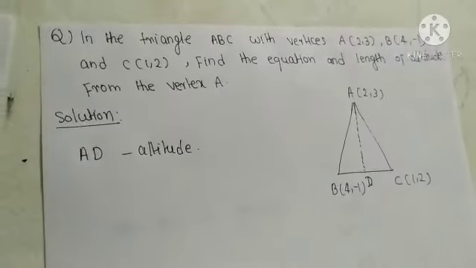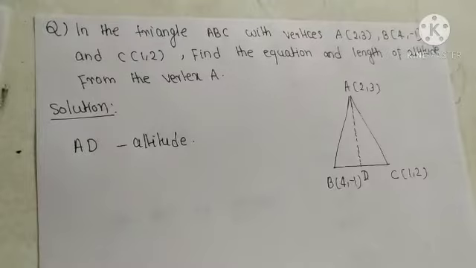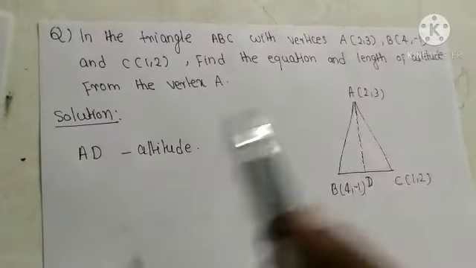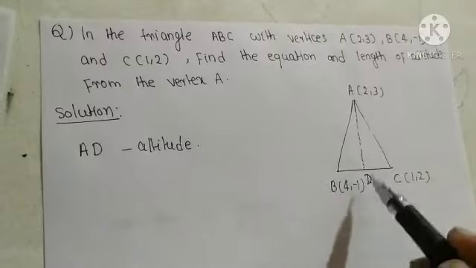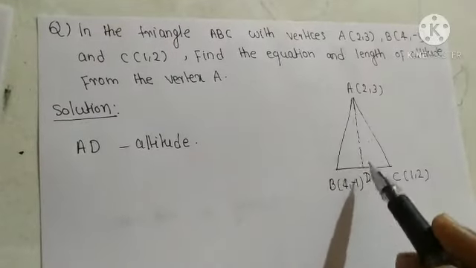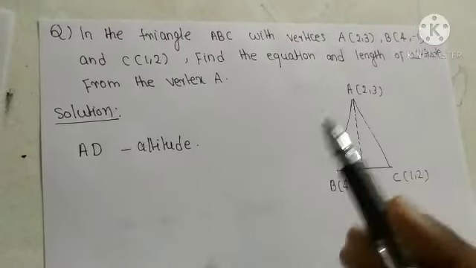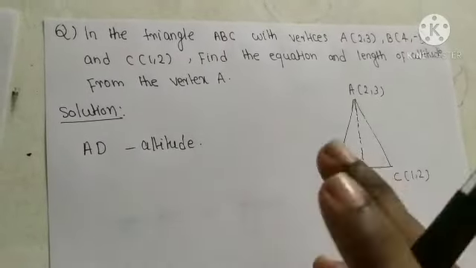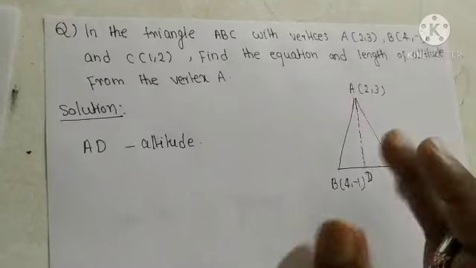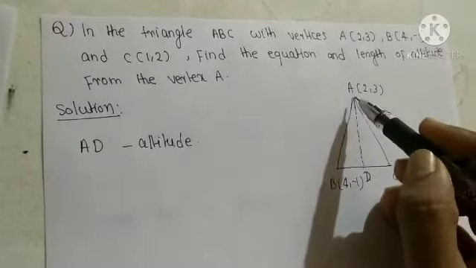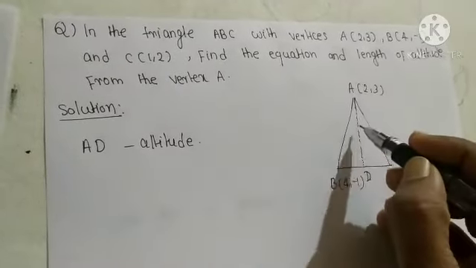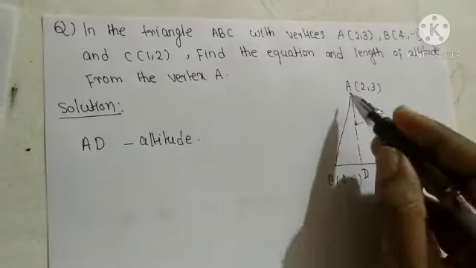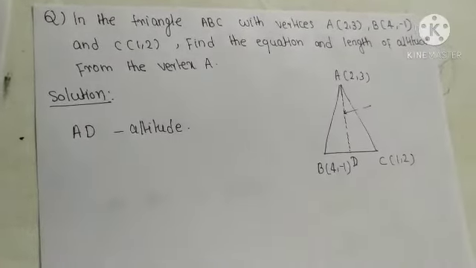In this question we need to find the equation of this line, altitude AD, and the length of this altitude. I hope you understood this question. Here we need to find the equation of this line and the distance between these 2 points.